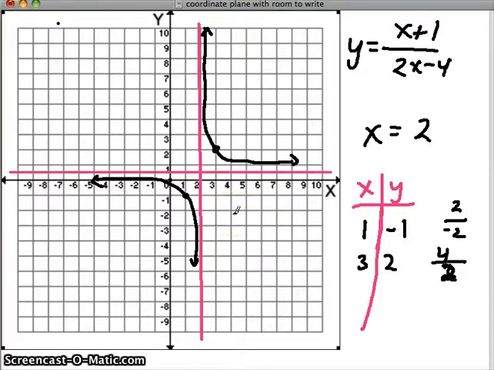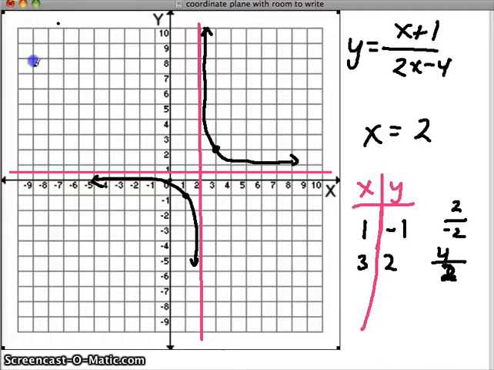So again, rational functions will always have hyperbolas in the graph. As long as you can figure out 1 or 2 points, you have an idea of where your hyperbola is. And the nature of the hyperbola is always the same. It's always going to approach your vertical and horizontal asymptotes but never touch. And all of those things combined gives a nice, easy, quick way of approximating the graphs of our rational functions.